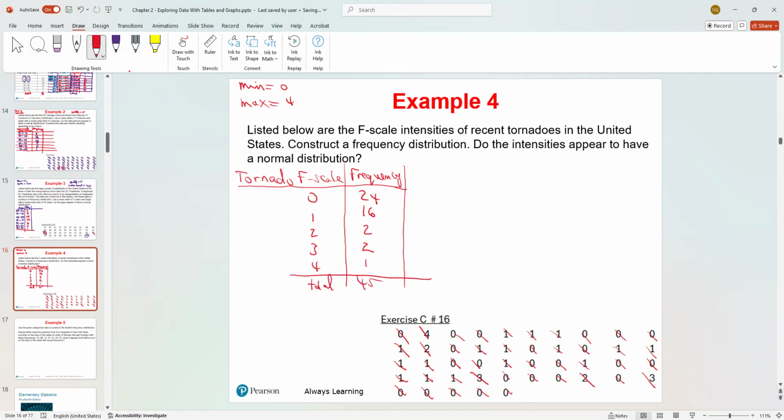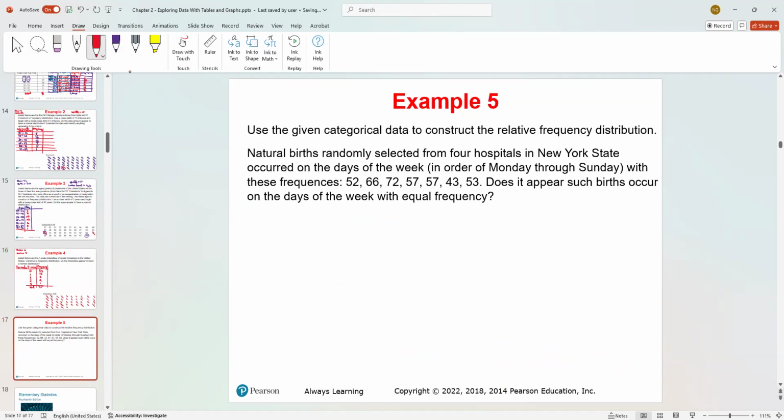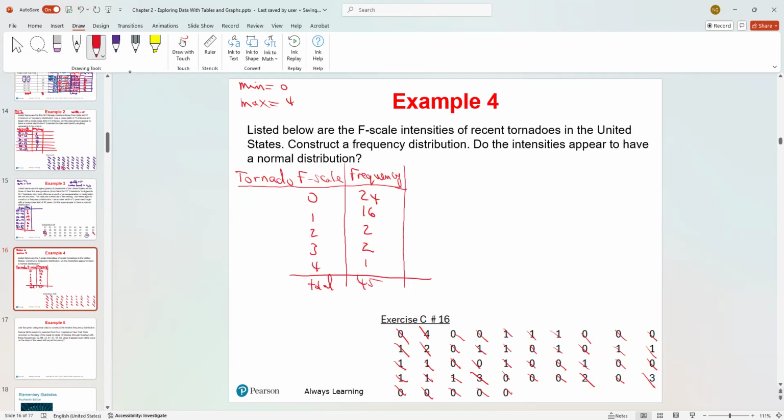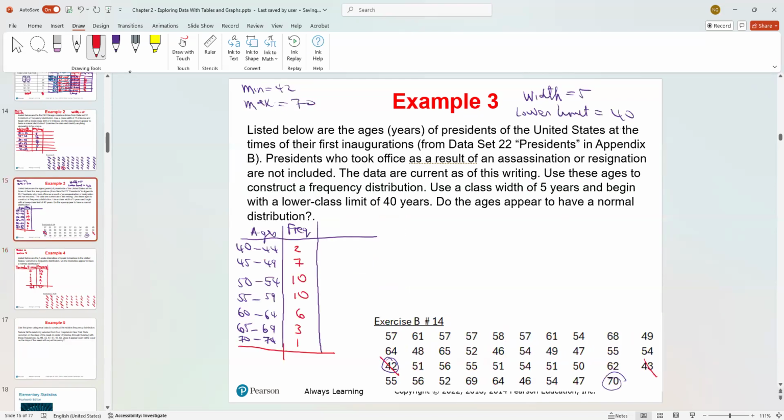The last example, what they ask you to do, okay, the previous examples, as you can see, are mostly quantitative data, right? How many tornadoes? 1, 2, 3, 0 tornadoes, etc. This one is about president ages, so those are numbers.